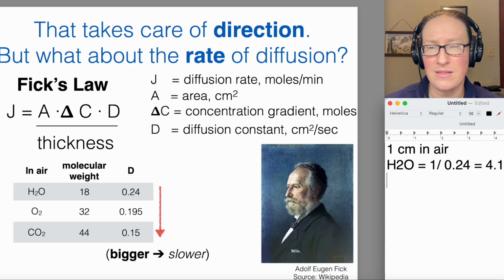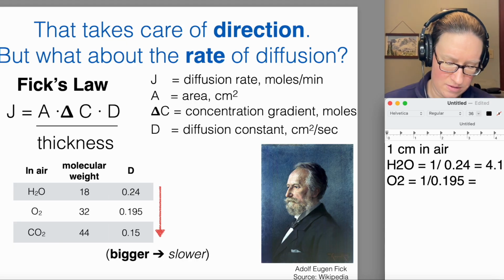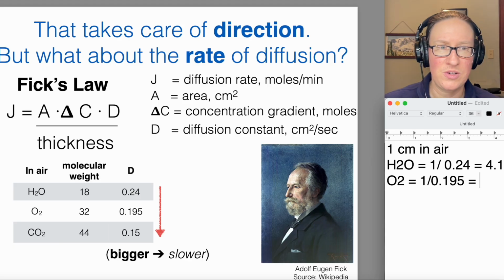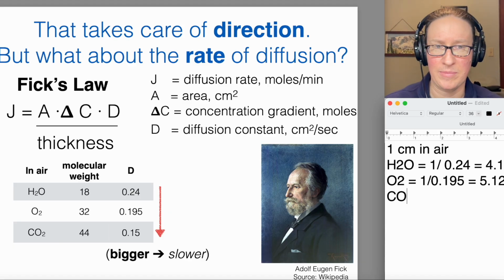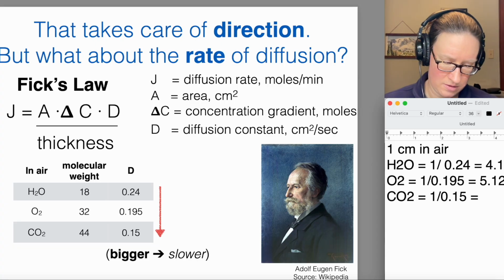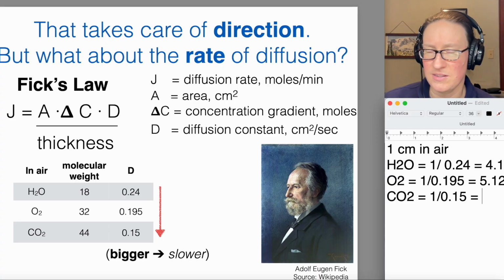We can do similar math now for oxygen. So 1 over 0.195 is going to give us 5.12 seconds. And the same thing for carbon dioxide: 1 over 0.15 is 6.66 seconds.